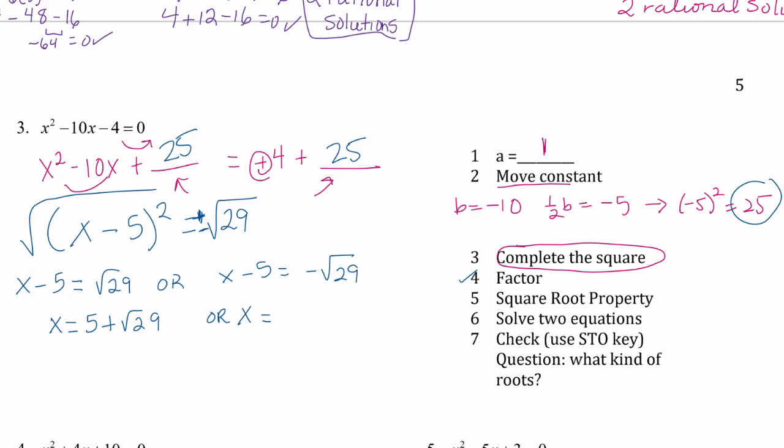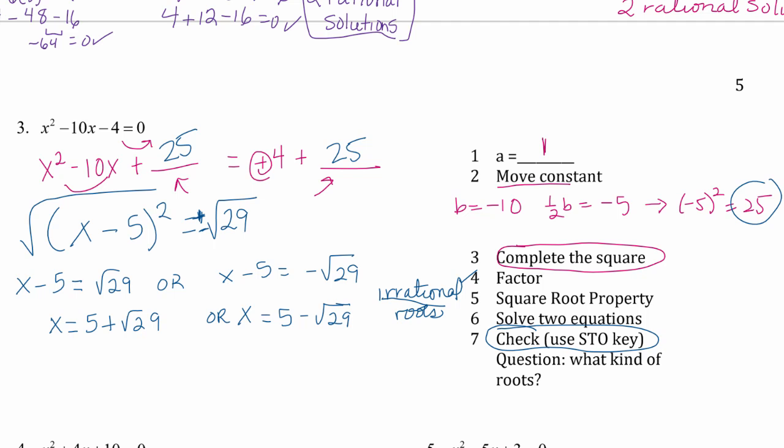What kind of numbers are these? Do you recognize them? These are irrational roots. You see them? We've got non-perfect squares over there, the radicals, so those are irrational roots like pi, right? Okay, to check these, you want to use your store key. And I showed you how to do that in the last video, right?